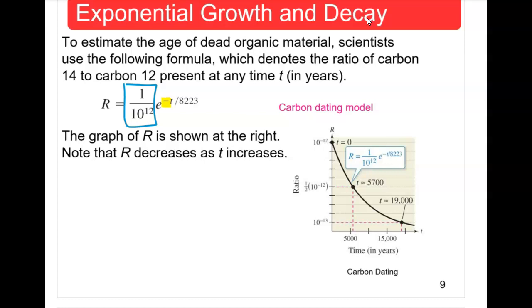Again, you could see on the graph it is going to be decreasing. It says the graph of R is shown on the right. As t, the years, the independent variable, increases, R decreases. And that is why we refer to it as exponential decay.